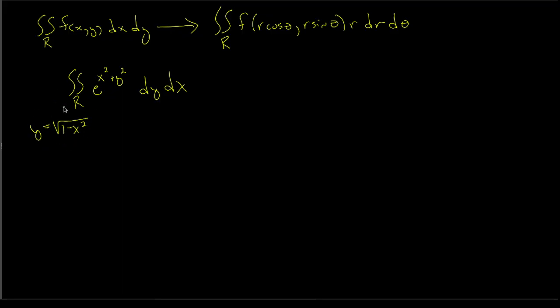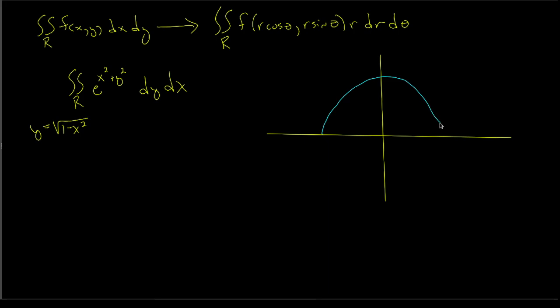So if I draw this out, let's draw out the region we're bounding ourselves on. We're looking at the upper half circle, and we're looking for the exponential x squared plus y squared.